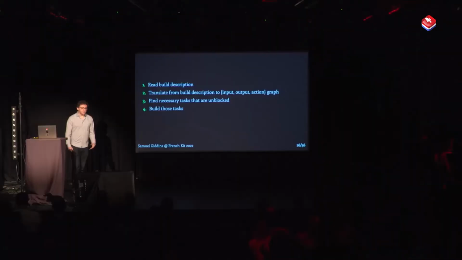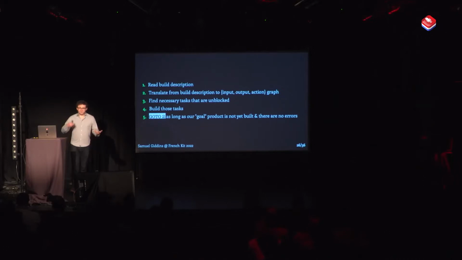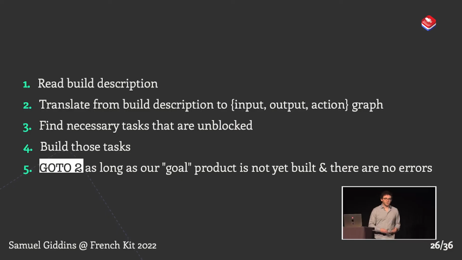So we find the tasks that are unblocked, meaning all of their inputs exist. We've run the actions to generate their inputs. We build the unblocked tasks, and then we go to step two and keep repeating that, as long as our goal product, the thing we've selected in Xcode and hit build on, isn't built yet, and we haven't hit any errors.